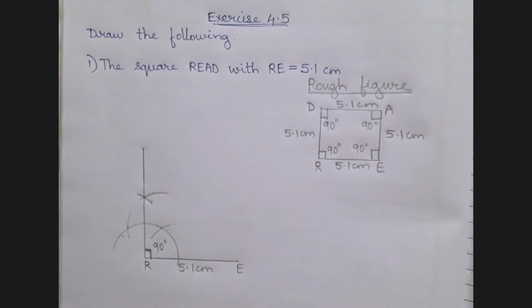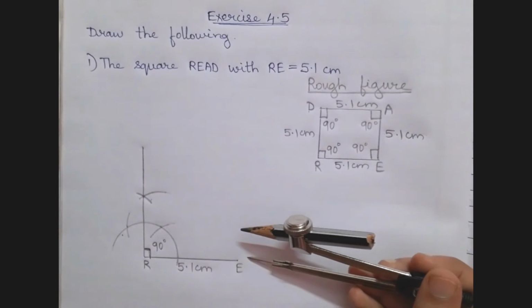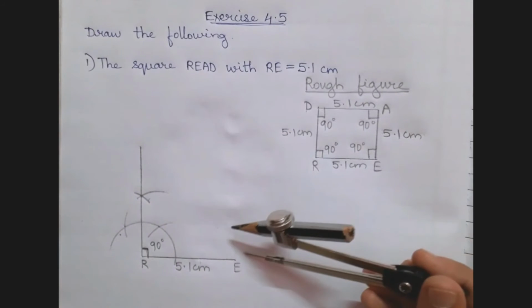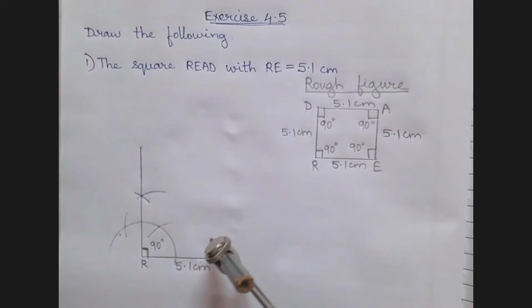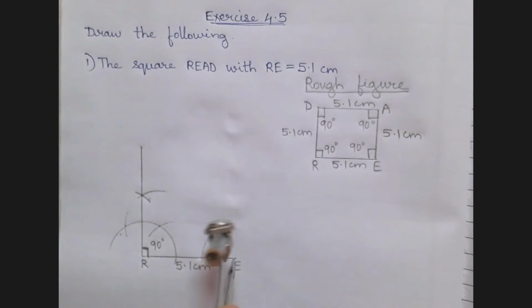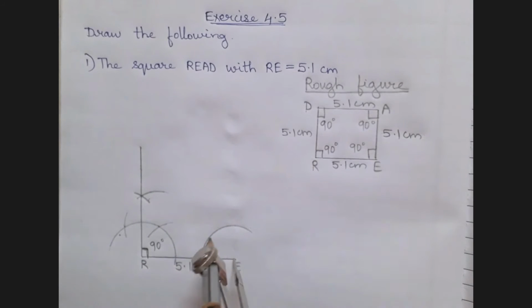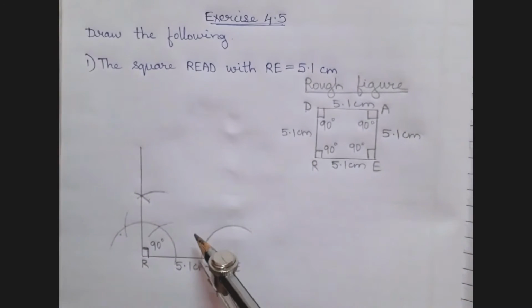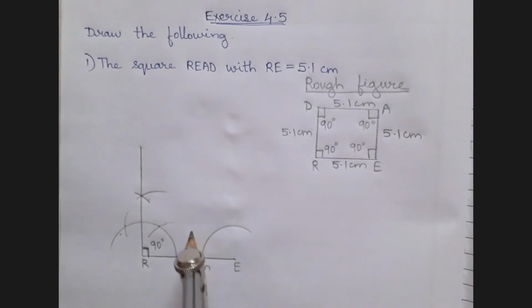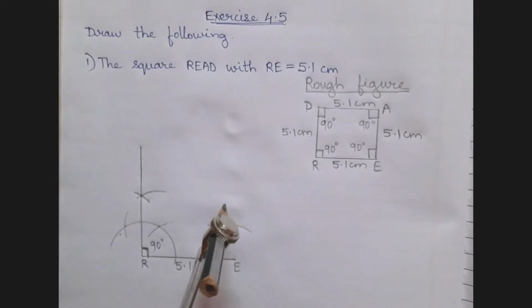We will do the similar procedure to construct angle E. We will draw an arc keeping the compass pointer on point E, and with the same measurement we will cut this arc into 3 parts.